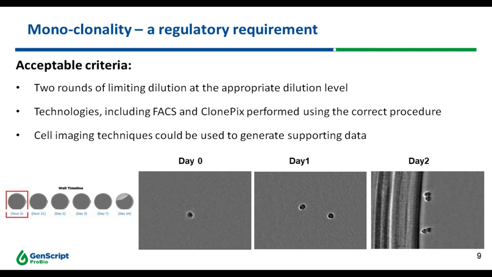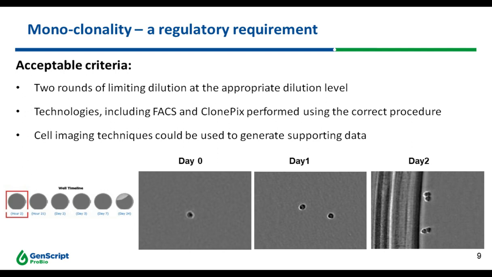And we have talked about the cloning. For a cell line used for therapeutic protein production, monoclonality is a regulatory required element. The criteria to prove this are mainly three things.